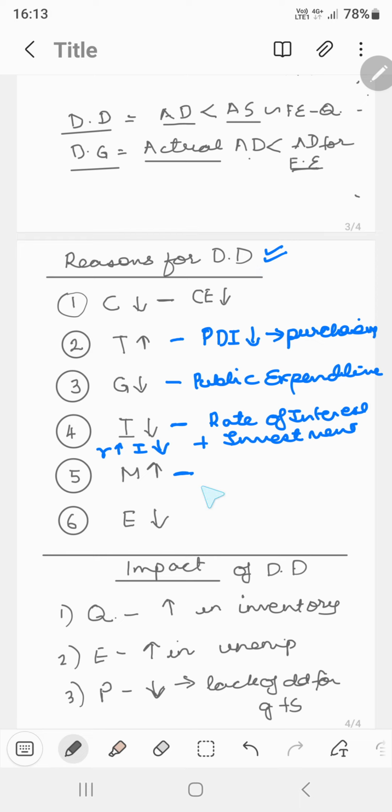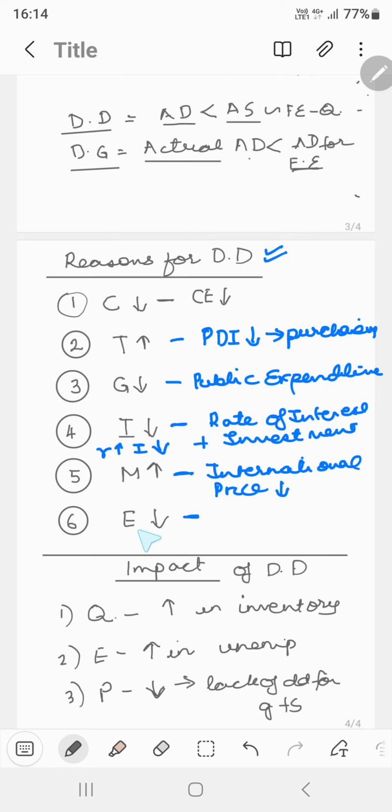The fifth reason for deficient demand in the market is rise in imports. Rise in imports may occur because international prices have become competitive, or less compared to the locally produced goods. So there will be less demand for locally produced goods and more demand for imports. So that's another reason for deficient demand.